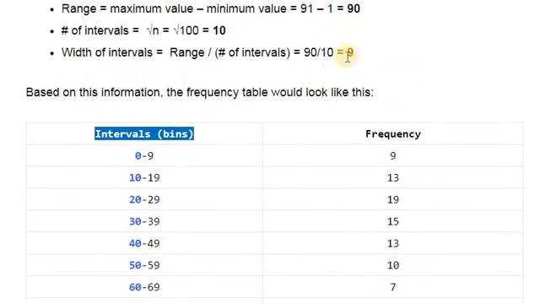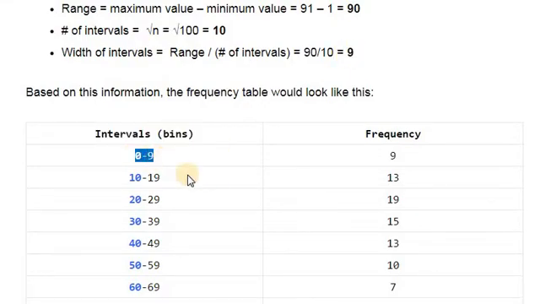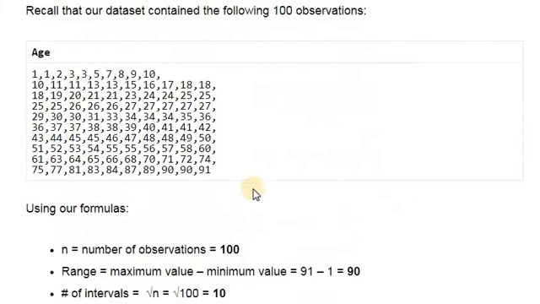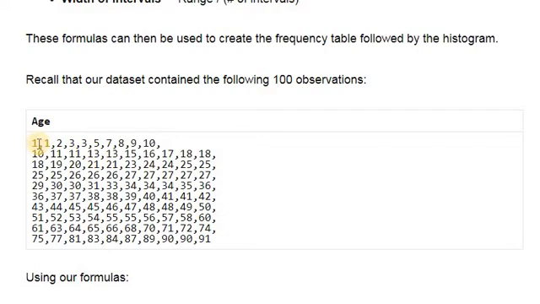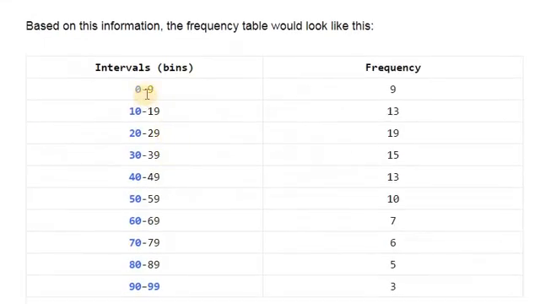Here the width of the intervals is 9. So for 0 to 9, what do we have to count? What is the frequency? We count 1, 2, 3, 4, 5, 6, 7, 8, 9. That means for the 0 to 9 interval, how many numbers are there? Total 9 numbers are there.